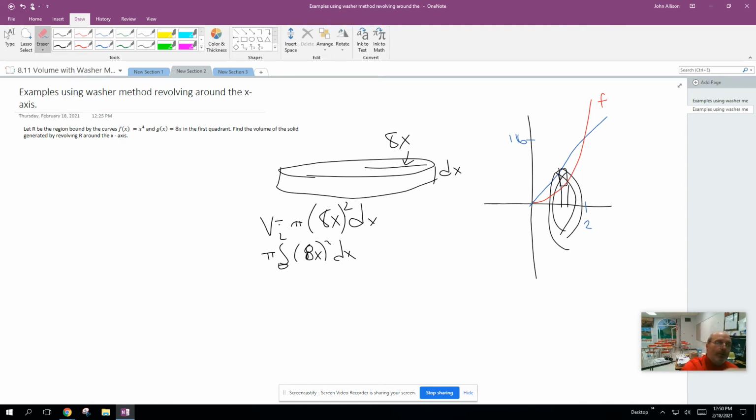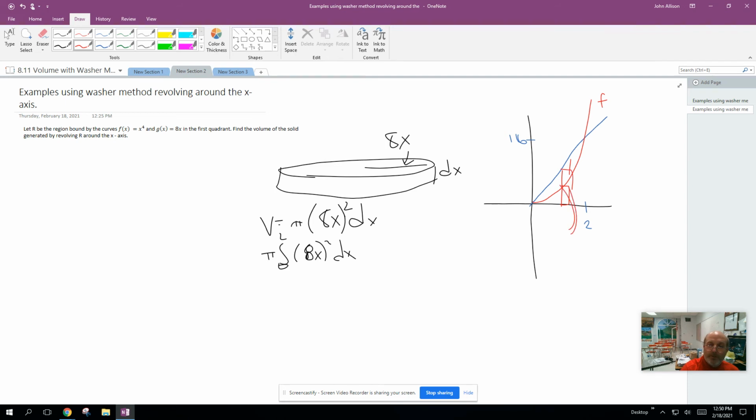Now we're going to erase that. And we're only going to do the lower rectangles. So we've already done the larger rectangle.